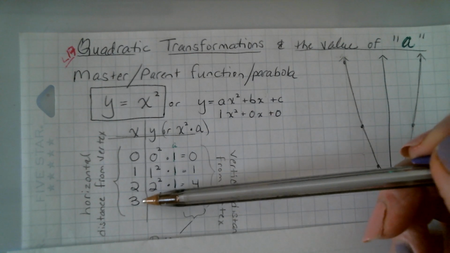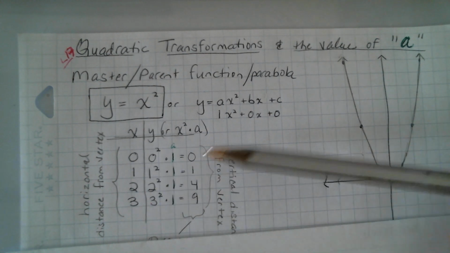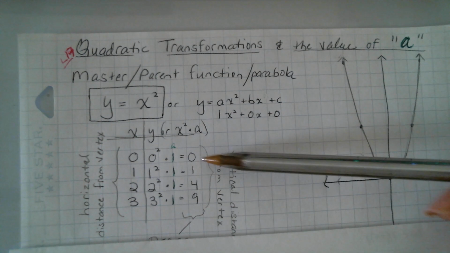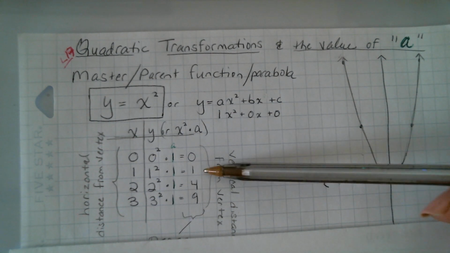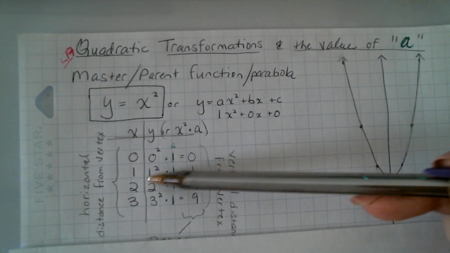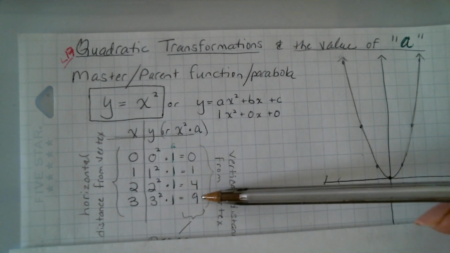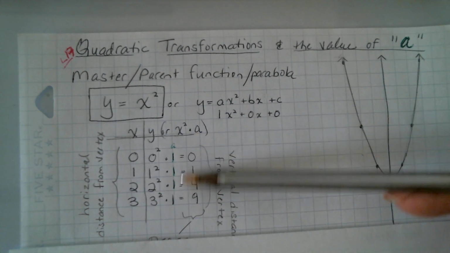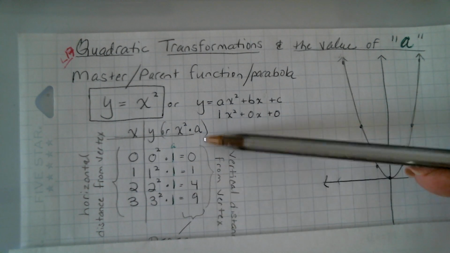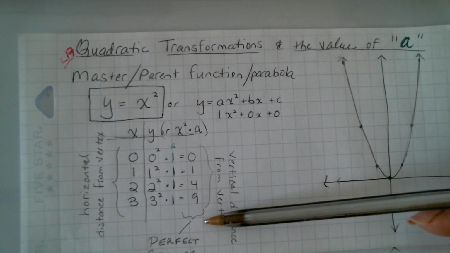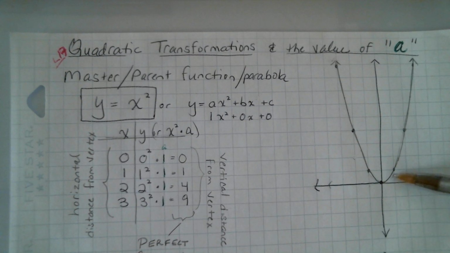And so for every horizontal distance that we move from this vertex of 0, 0, over 1, over 2, over 3 to the right, our vertical distance is going to be that squared. 1 squared, 2 squared, 3 squared. And so those perfect squares, hopefully you have those memorized, are our y distances. So over here, 1, 4, 9.